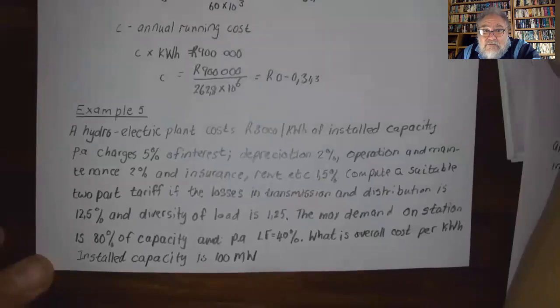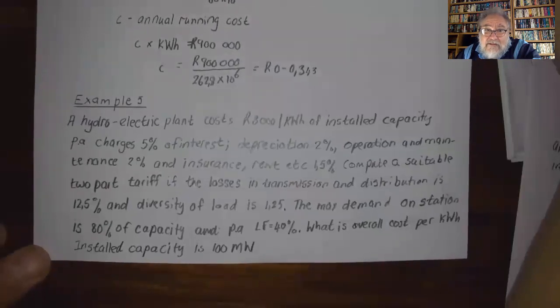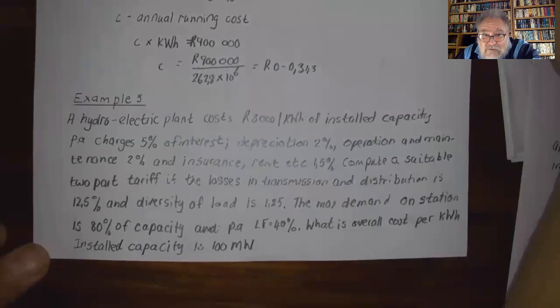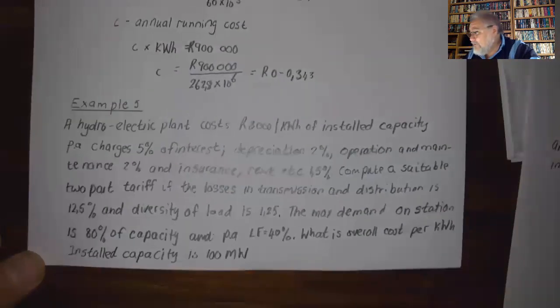Compute a suitable two-part tariff if the losses in the transmission and distribution is 12.5% and the diversity of load is 1.25. The maximum demand on the station is 80% of the capacity and your per annum load factor is 40%. And then what is the overall cost per kilowatt hour if the installed capacity is 100 megawatt?